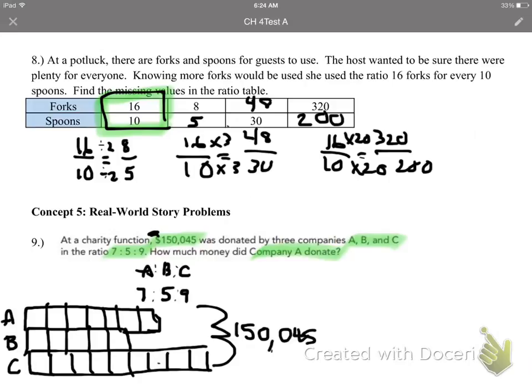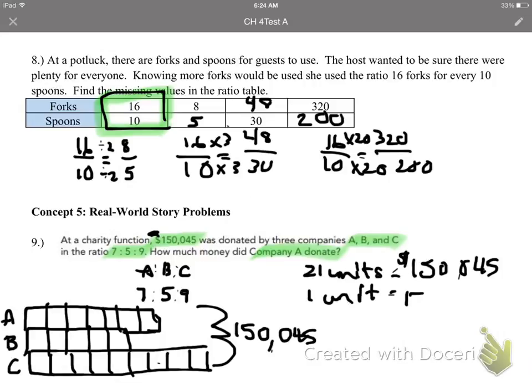To add 9, I just think of 10 would be 22, so 1 less is 21. I know I have 21 units equals $150,045. I want to find 1 unit, and then I can answer any question of what's being asked of me.